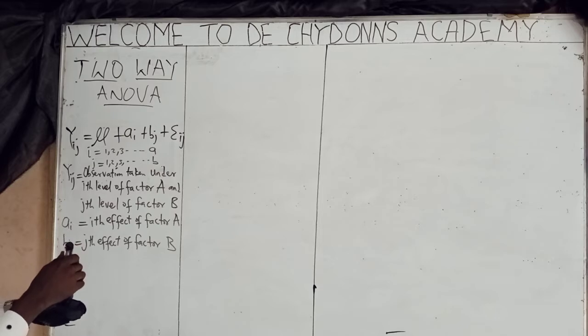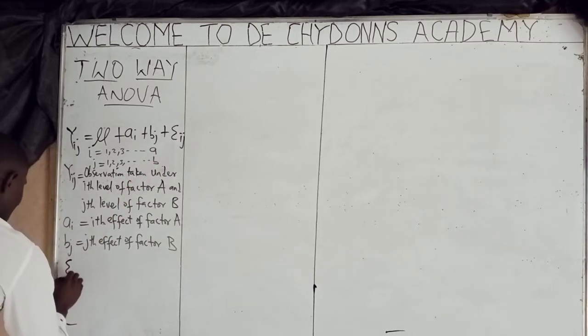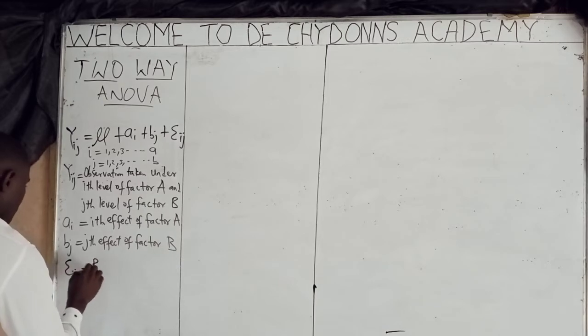Okay? So this Eij is noted to be the random error.